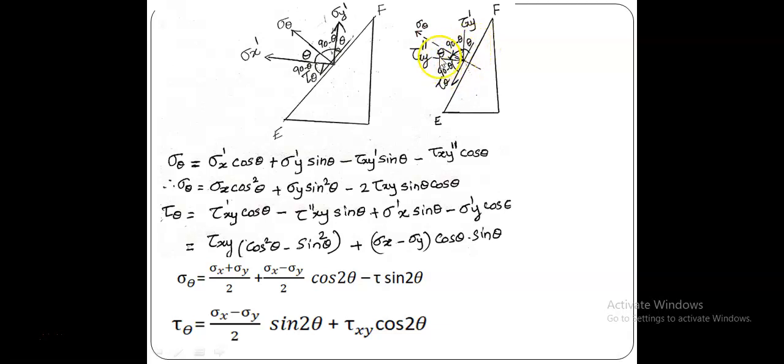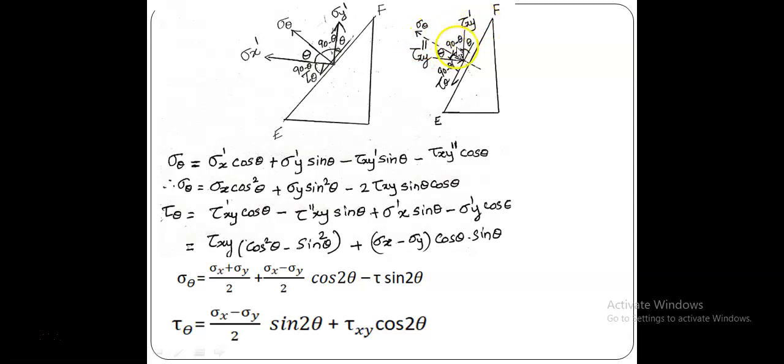First, tau xy double dash is at angle theta with respect to sigma theta, and therefore what comes? Tau xy double dash cos theta, with a minus, because the tau xy double dash direction is this direction but sigma theta is in the opposite direction, and therefore we put a minus sign: minus tau xy double dash cos theta. Here tau xy dash is at 90 minus theta with respect to sigma theta, it is inclined at an angle 90 minus theta, and therefore what comes?